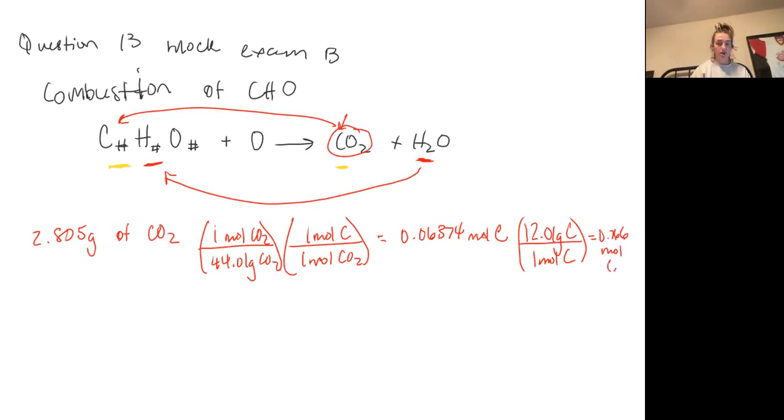Okay, and we're going to do the same thing for hydrogen. So in order to set that one up, we have 0.6936 grams of H2O. 1 mole of H2O is equal to 18.02 grams. What's our mole ratio here for hydrogen to water?